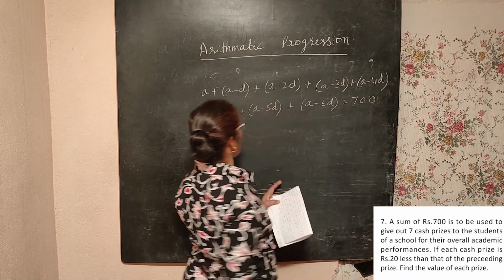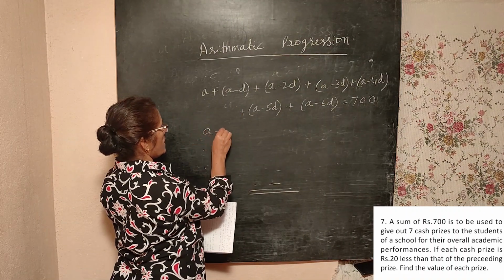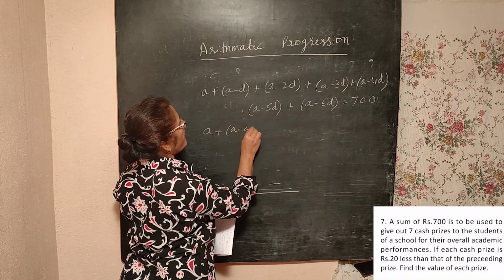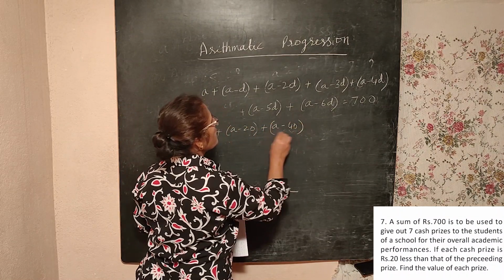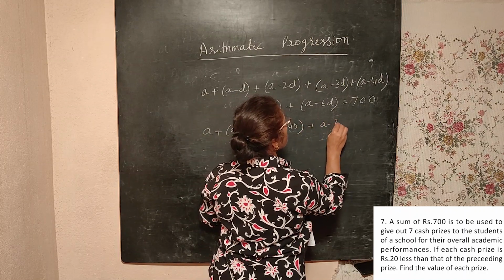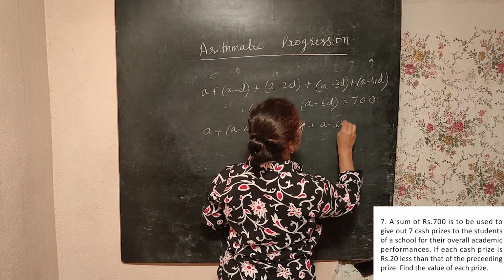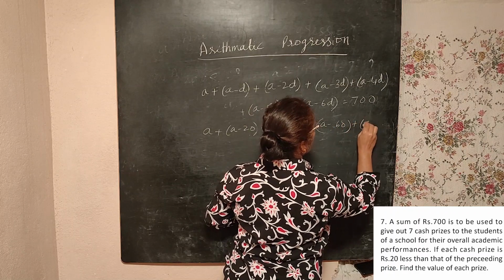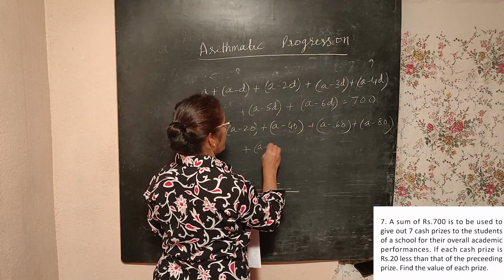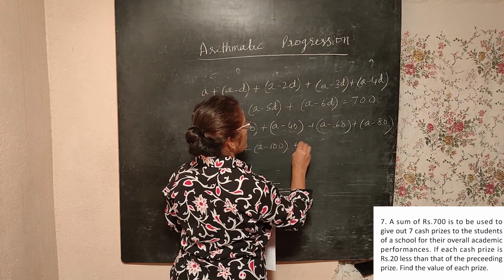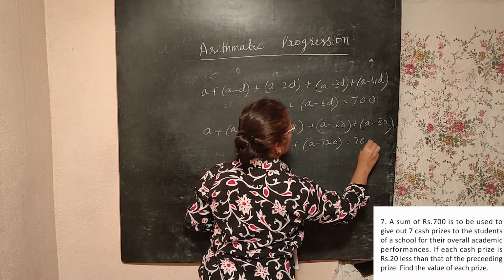Is equal to how much? 700. But they have given what is D? D is 20. So I write down A plus (A minus 20) plus (A minus 2 into 20, that is 40) plus (A minus 3 into D, that is 60), plus (A minus 80) plus (A minus 100) plus (A minus 120) is equal to 700.